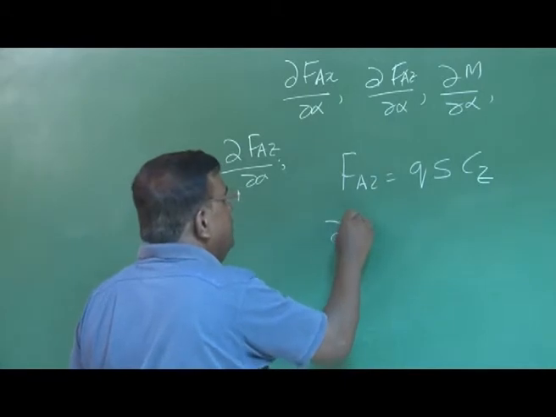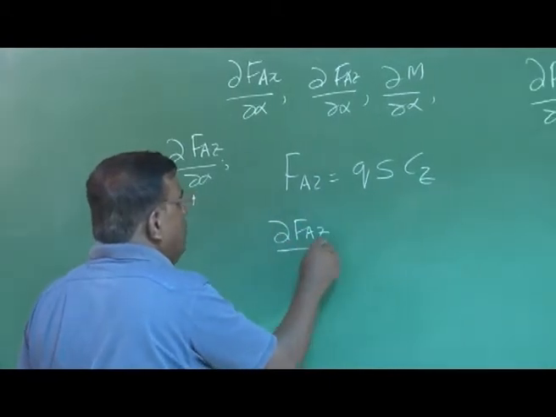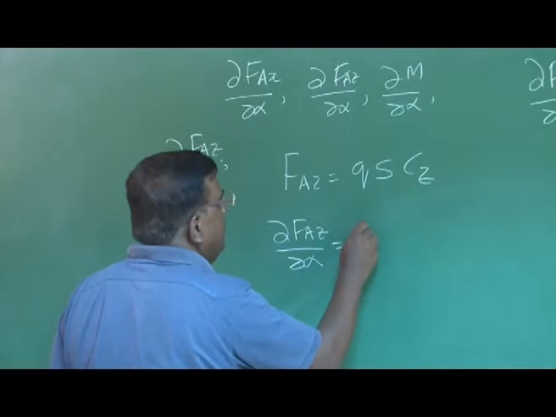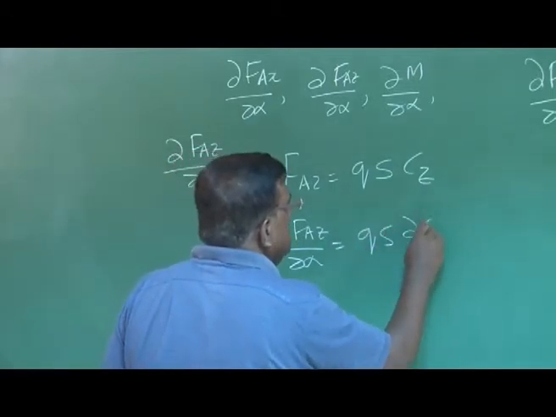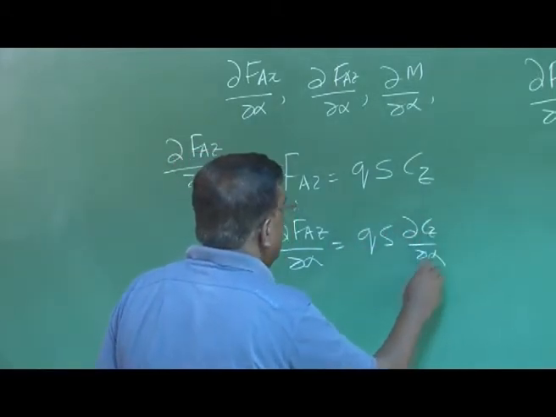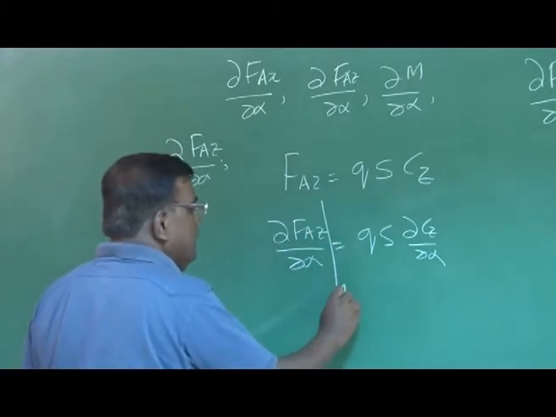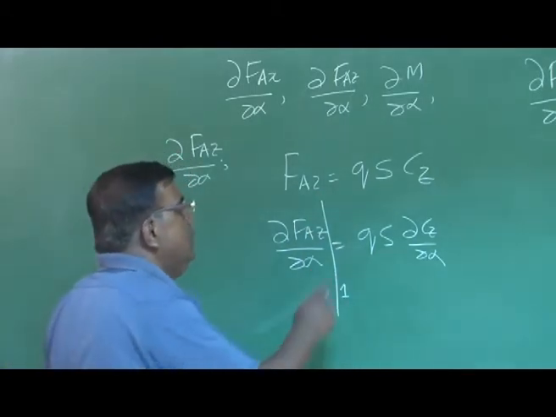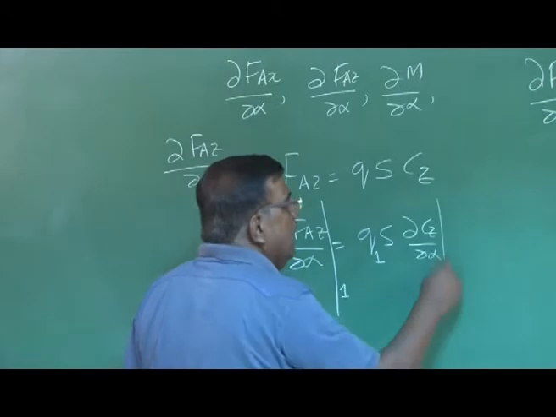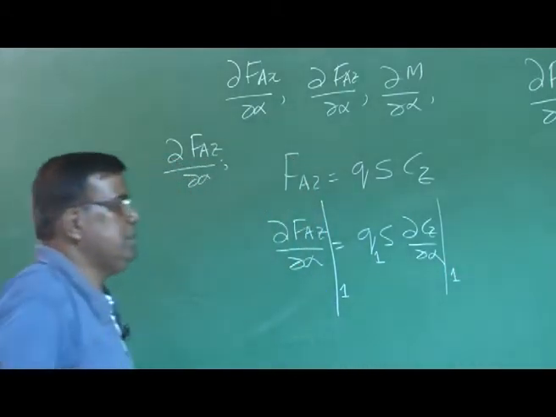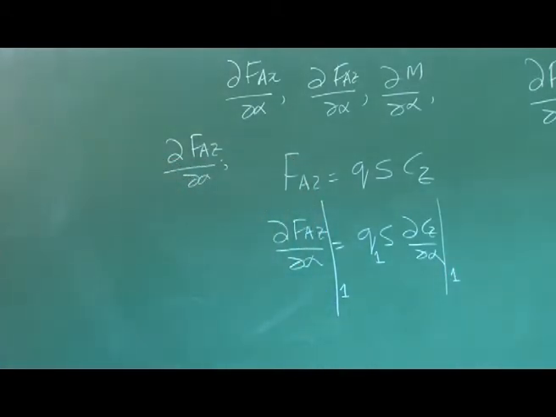So dFaz by d alpha will be q1 S dCz by d alpha, but we have to evaluate this at steady state. So the q will become q1, and for the steady state, I am using the notation 1. Similar thing we did for dFx by d alpha also, nothing new.